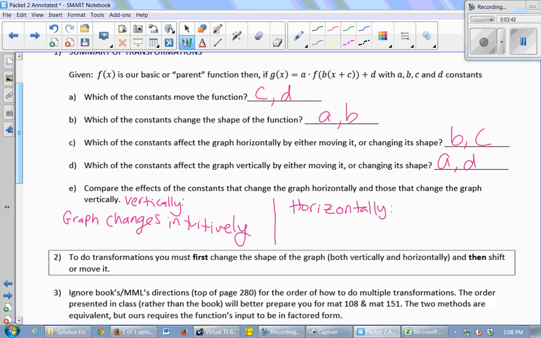And B causes horizontal stretching and shrinking, but when B is a big number, the graph shrinks horizontally, and when B is small, like a half, like a fraction, the graph stretches. Okay, so the horizontal constants, B and C, the graph changes counterintuitively. Counter to what you would expect.